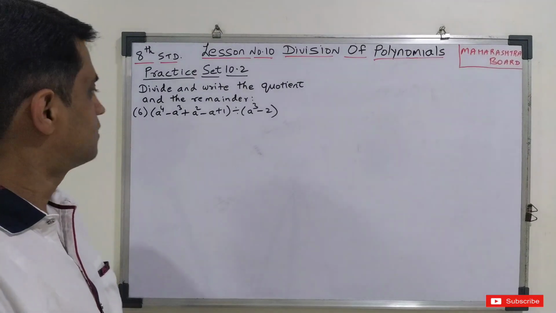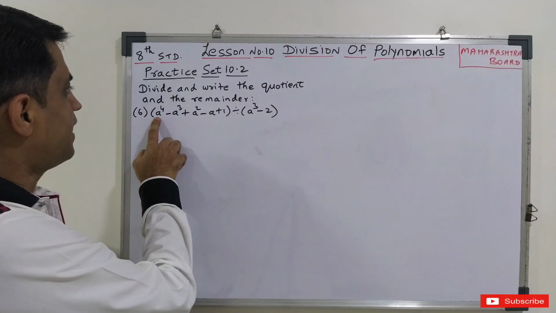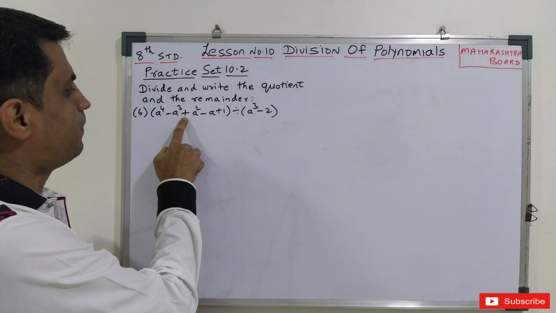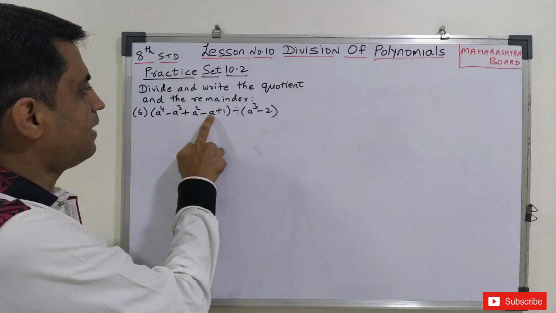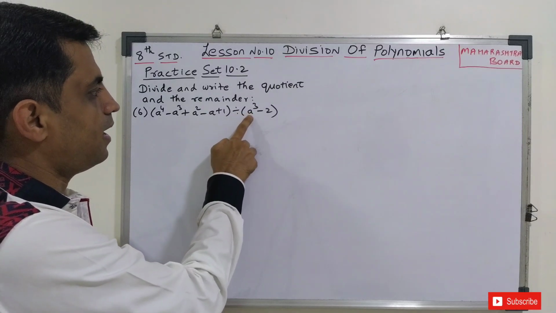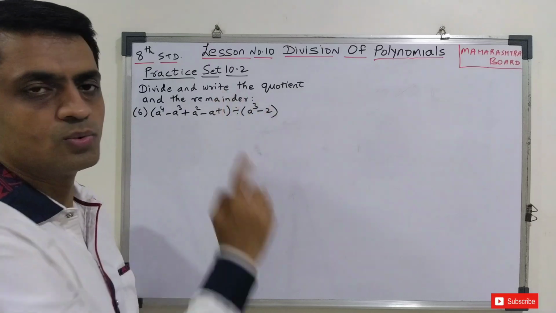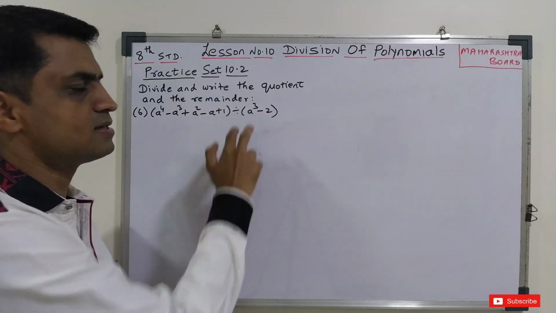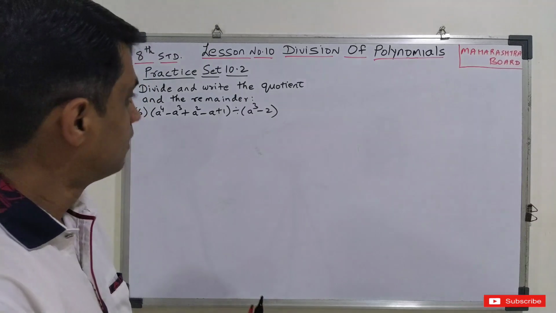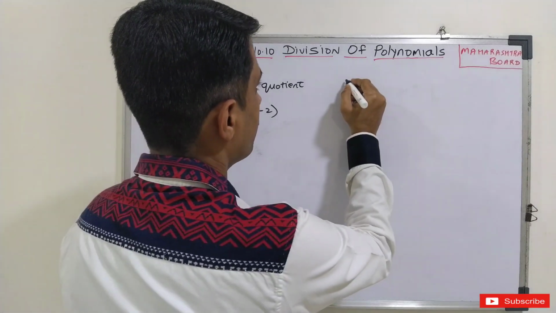Sixth sum, students. a raised to 4 minus a cube plus a square minus a plus 1 divided by a cube minus 2. This is our dividend. This is our divisor. Let us start with the sum.